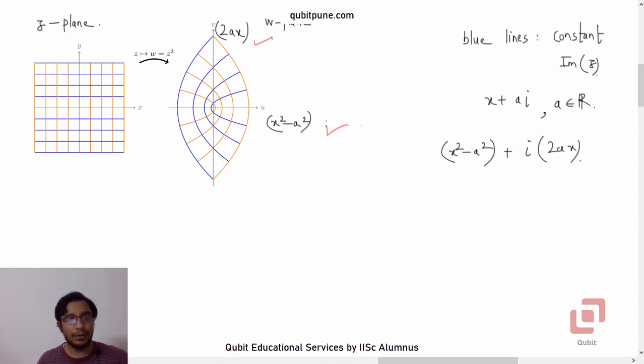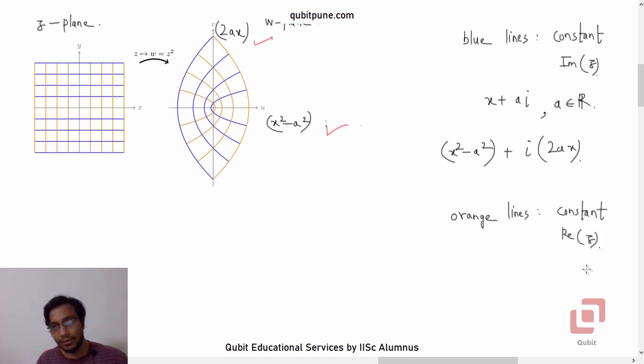Now let us talk about the orange lines. Orange lines are those lines which have constant real part. So you may think of these lines as b plus iy. If b is any real number and you square them, you will get b squared minus y squared as the real part and 2by as the imaginary part.